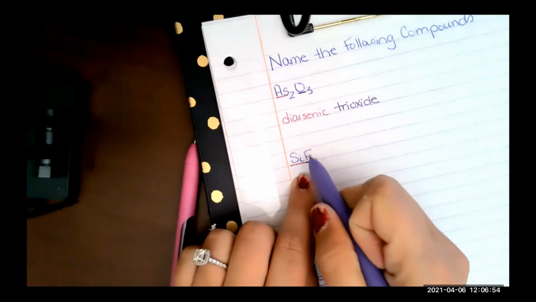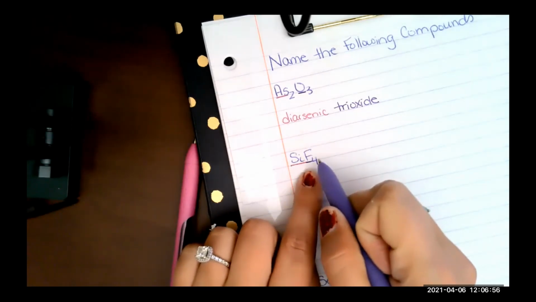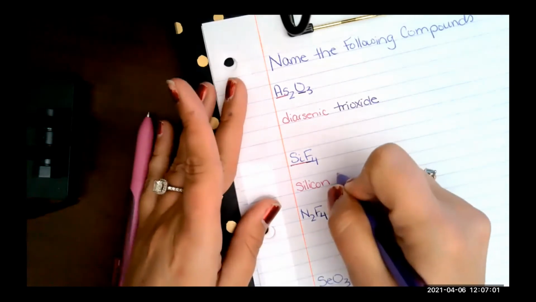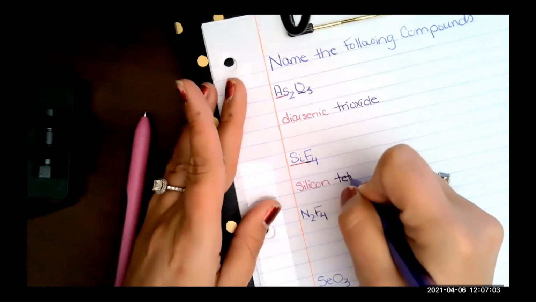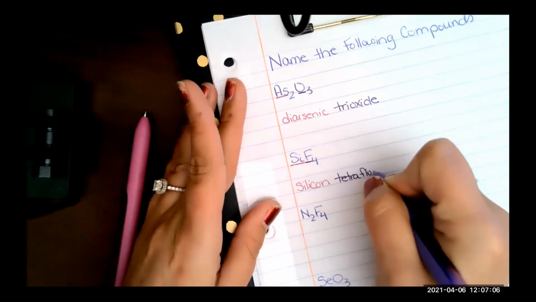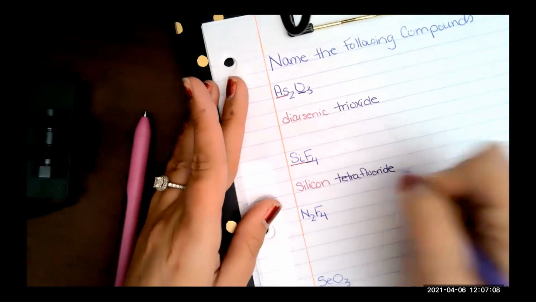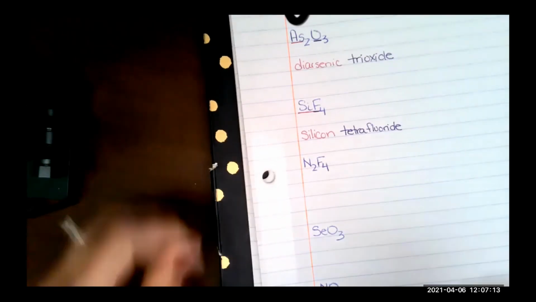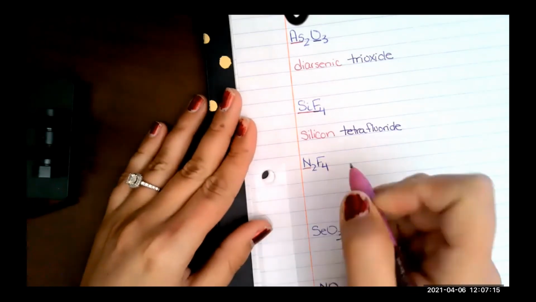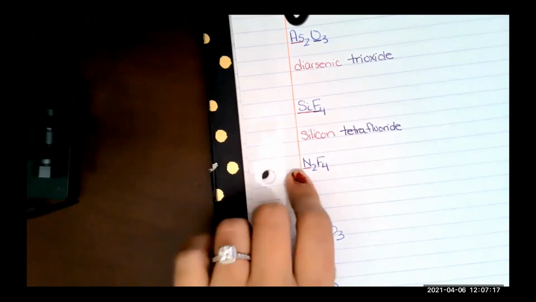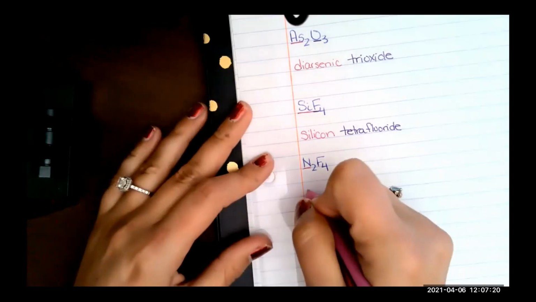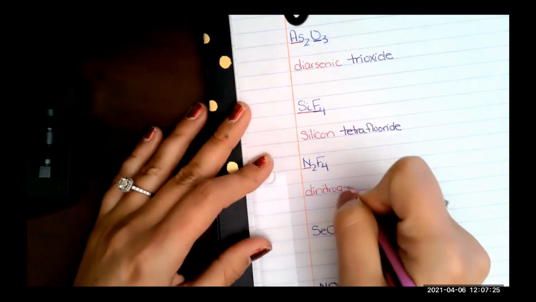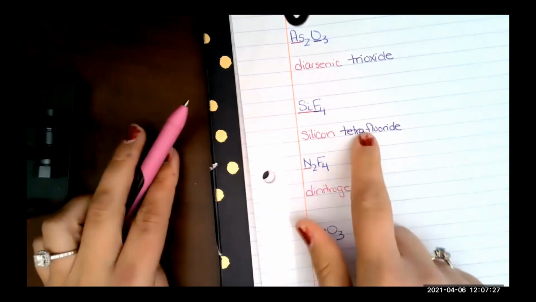F is fluorine, becomes fluoride. 4 is tetra, so it becomes tetrafluoride. The next one's N2F4. Our first element is N2, that's nitrogen, and there's 2 of them, so it's dinitrogen. And then F4 is again tetrafluoride.